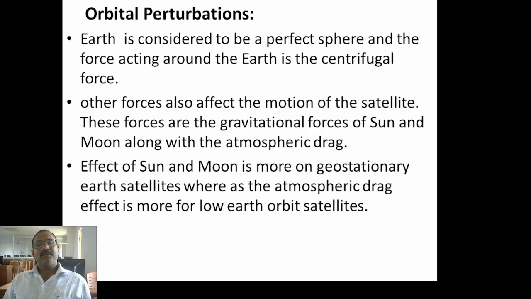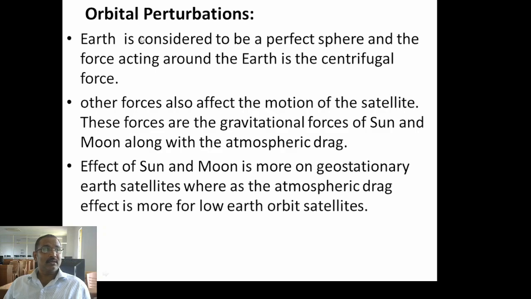Actually, the effect of the Sun and Moon is more on geostationary Earth satellites. So normally the gravitational forces of the Sun and Moon are stronger on geostationary satellites, whereas the atmospheric drag effect is more for low Earth orbit satellites.